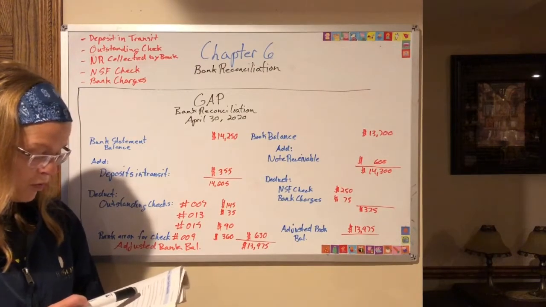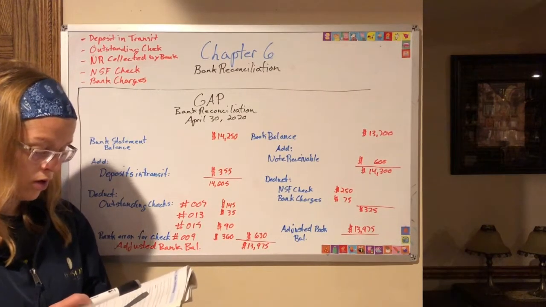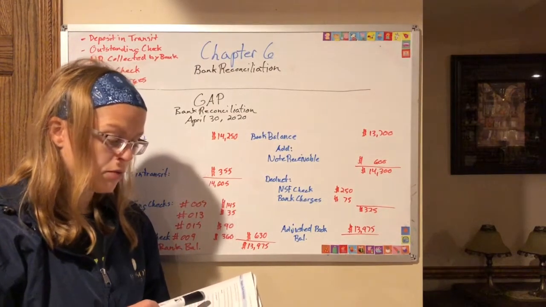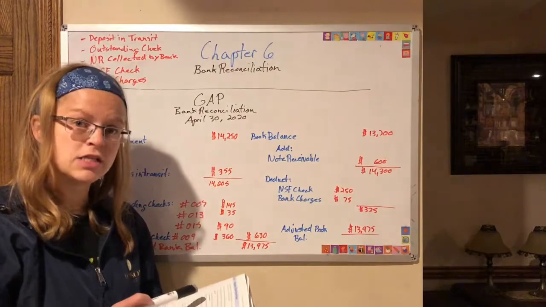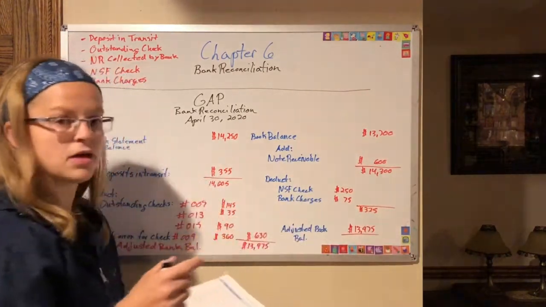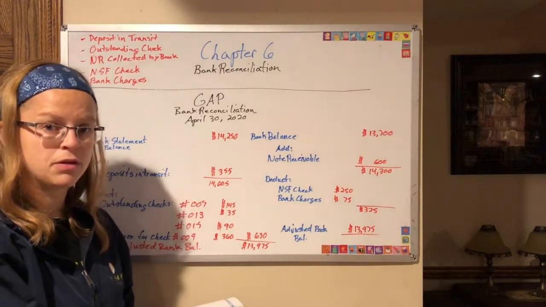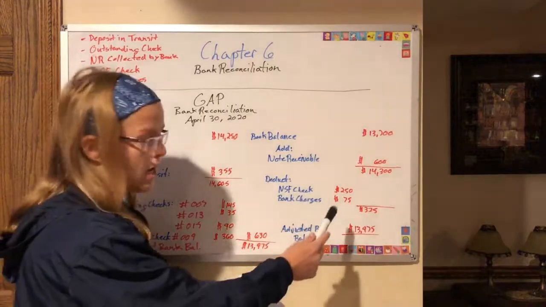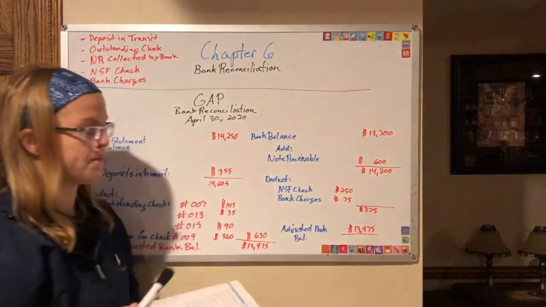A check was deposited by the corporation for $250, but was rejected by the bank for insufficient funds. So we have to record that on the company side because the company didn't know about that bounced check, but the bank did. So we have the NSF check or bounced check of $250 here.